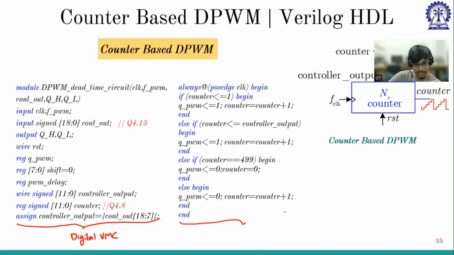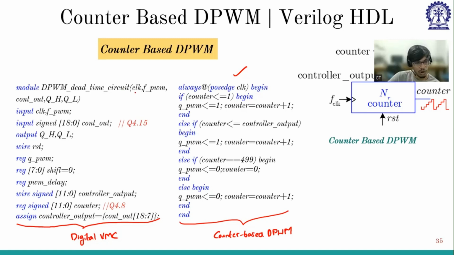So only this part is our concern, this is our counter-based DPWM. Even if you do not understand the left part of the code, it is okay because it is not yet taught. It will be taught in the upcoming week, but you should understand this part of the code. But still, I'll explain it.